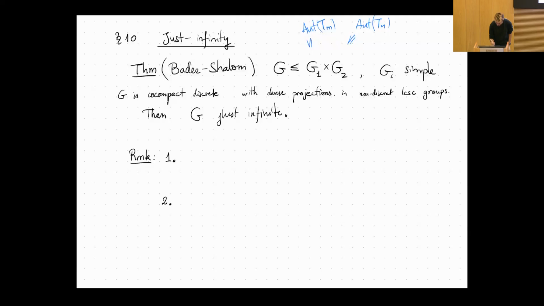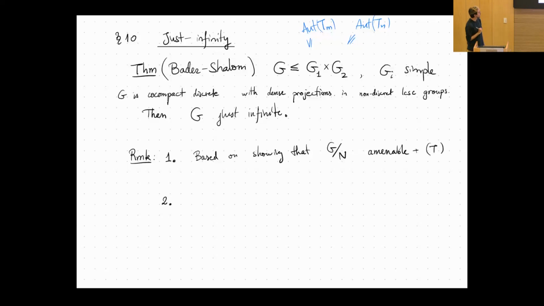This is based on showing that the quotient, so take a normal subgroup in G, is both amenable and has property T.